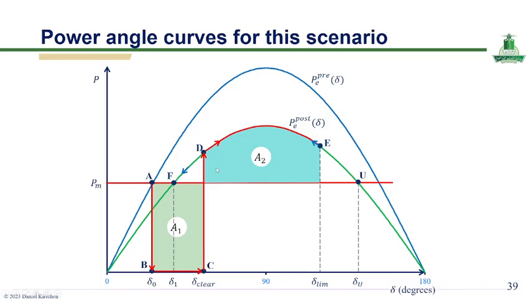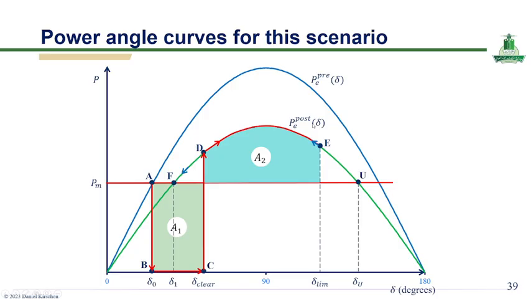Okay, this slide illustrates the power angle curves used in transient stability analysis based on the equal area criterion. So the blue curve represents the pre-fault electrical power, P pre-fault E, while the green curve represents the post-fault electrical power, P post-fault.